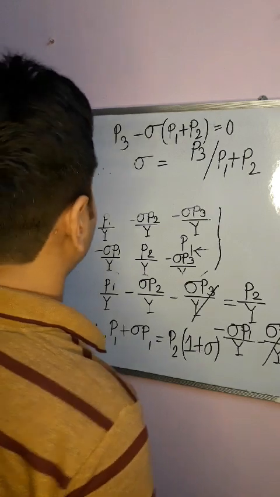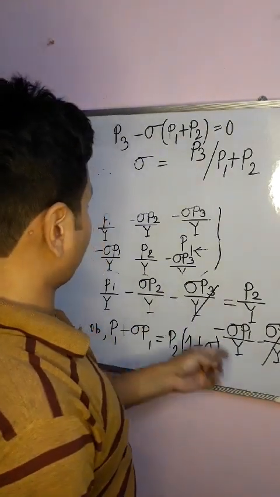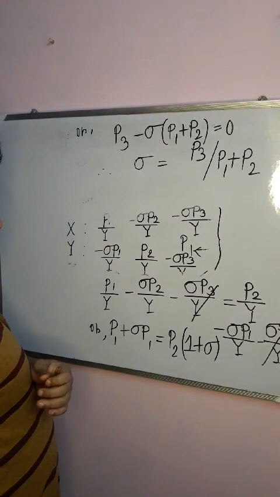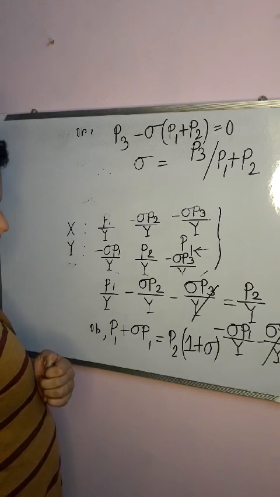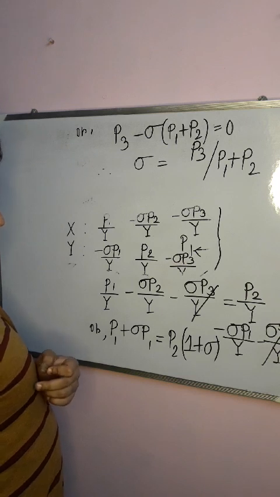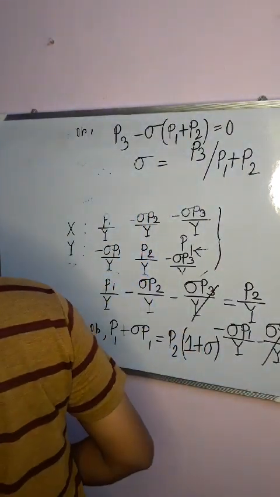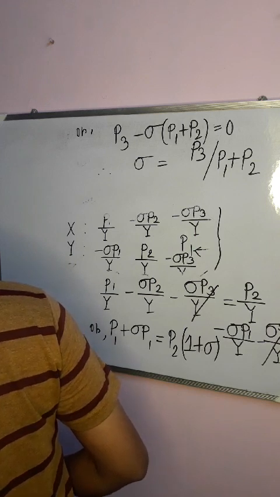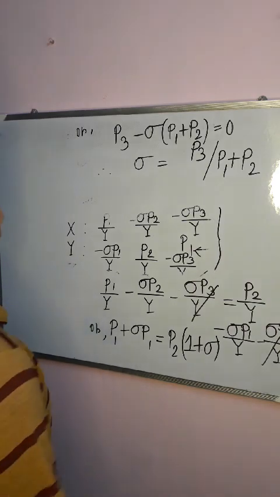So P1/y minus sigma P2/y minus sigma P3/y, and this is P2/y minus sigma P1/y minus sigma P3/y.